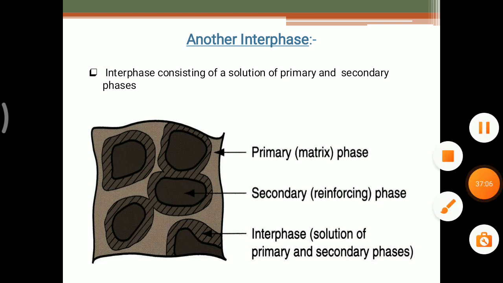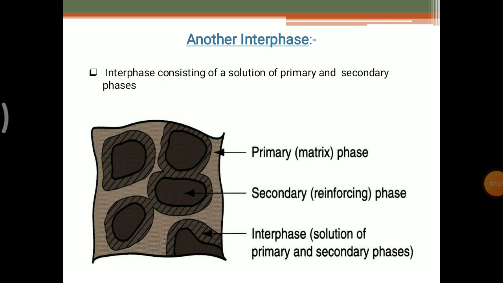So interfacial bonding plays an important role in the combination of reinforcement in the matrix phases. By repelling these reinforcements from the matrix, the material leads to failure only. So we have to assess these types of interfaces in the matrix and reinforcement phases also.